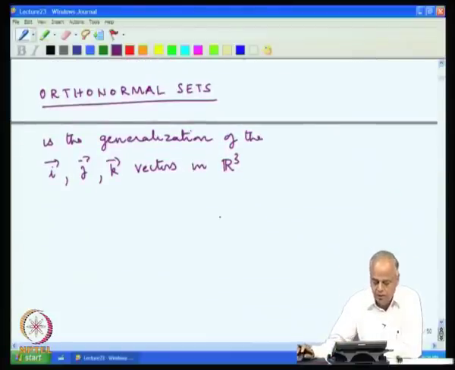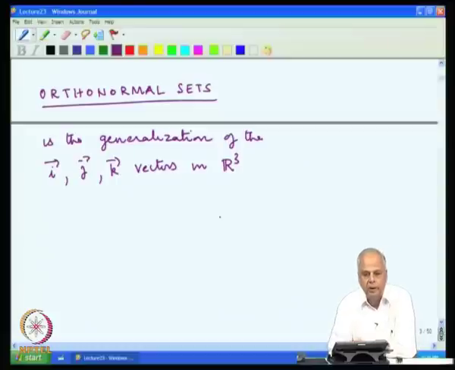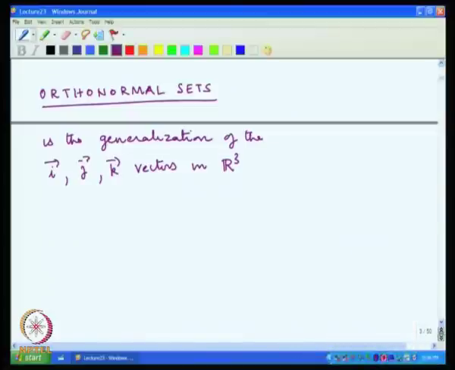This is the generalization of these three vectors. What do these 3 vectors have special? Each vector is orthogonal to the other vectors. i dot j is 0, i dot k is 0, k dot i is 0. So, they are mutually orthogonal vectors and each vector has length 1.